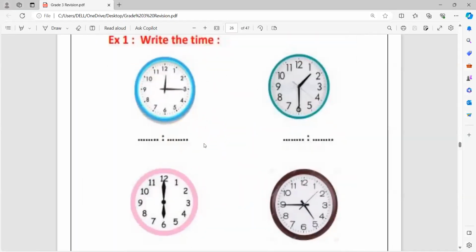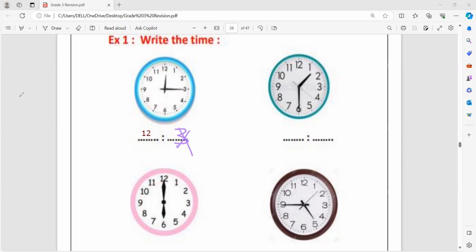Like this example, if I want to put this analog into digital form, the first step is to look at the short hand. The short hand stops on 12, so the hours equal 12. But the long hand stops on 3. Does it mean that we are going to put 3 here? Of course not.